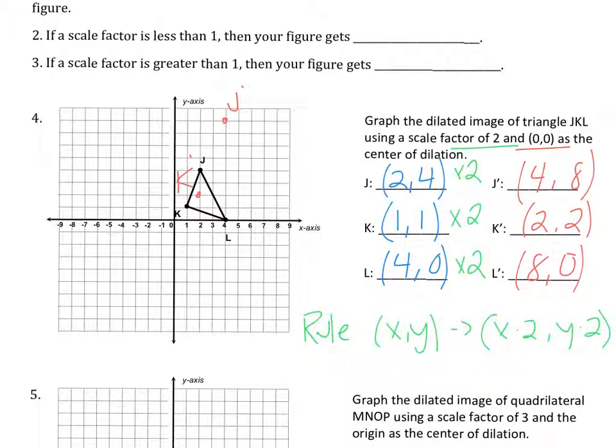And I go over 8, don't go up any, so stay at 0, and label that L prime. If I connect these points together, I know that my pre-image went under a scale factor of 2, which made it bigger, and this is what the image looks like. So once again, this is question number 4.